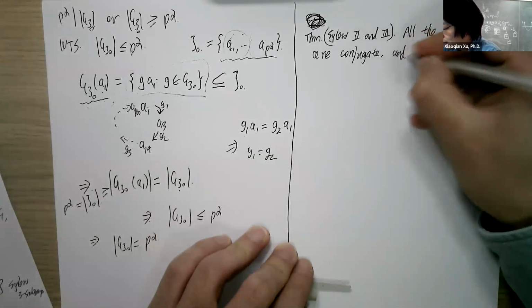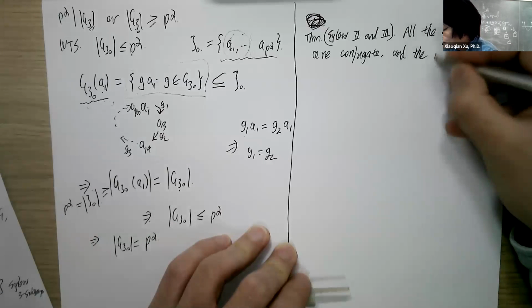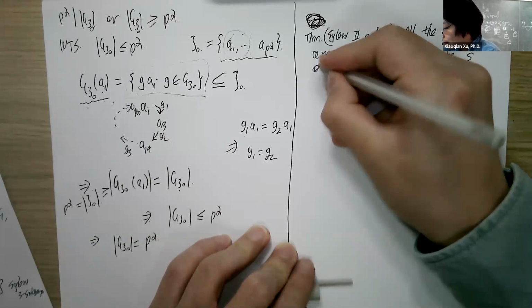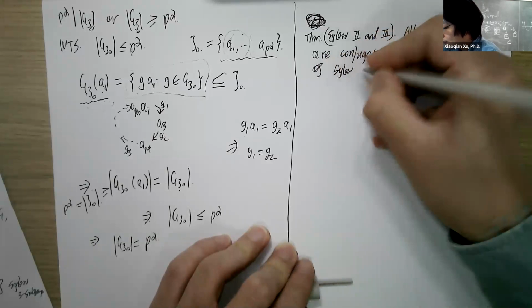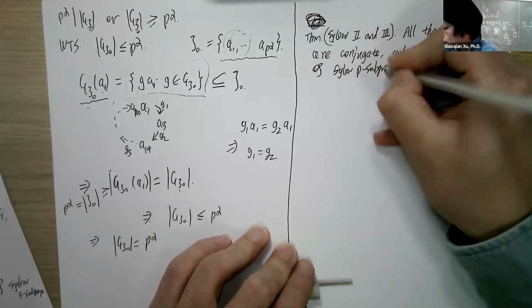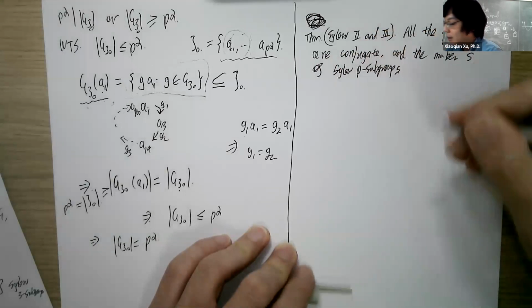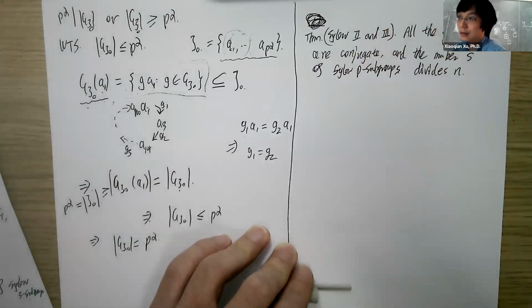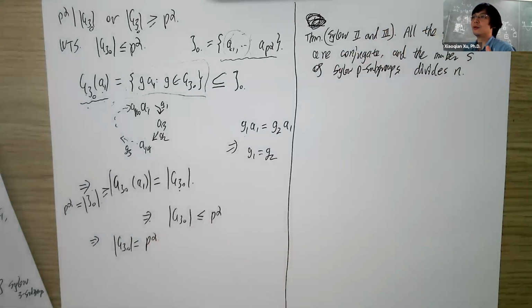And the number S of Sylow p subgroups divides n, is a factor of n. How many Sylow subgroups do you have?